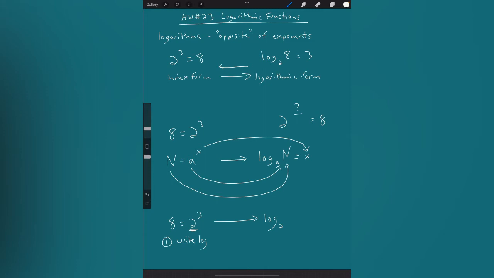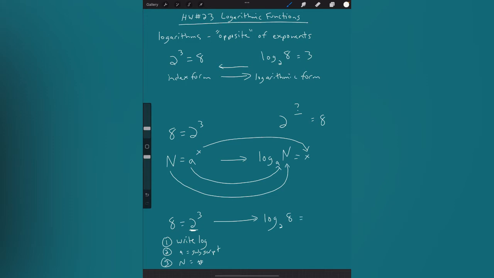So a equals your subscript. And whatever your n is, in this case n is 8, n is the number that you're trying to find the log of. So you would put log 2 of 8 here.